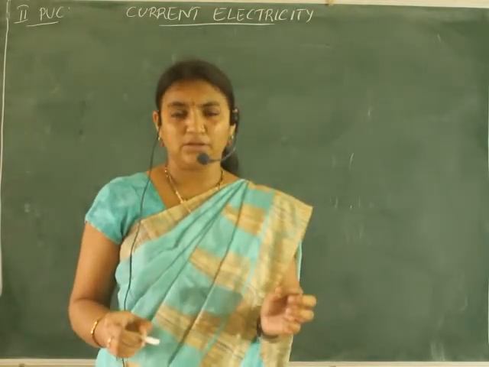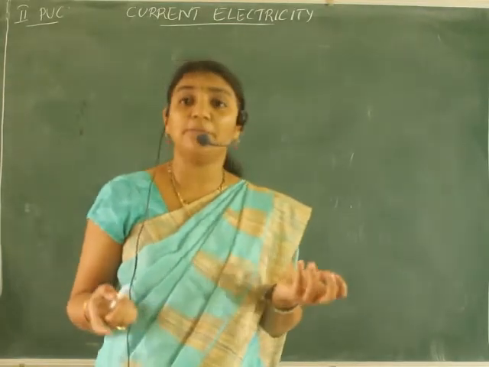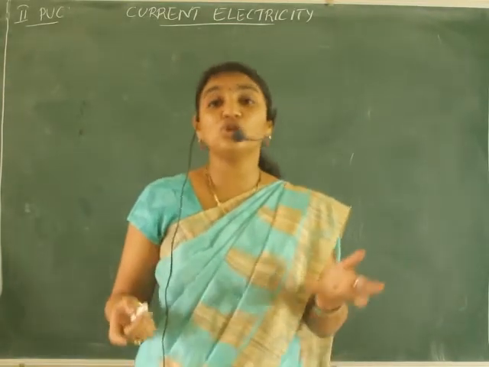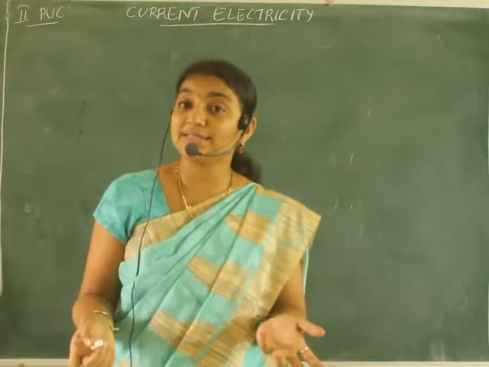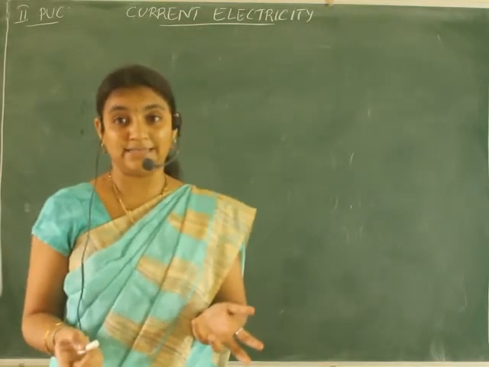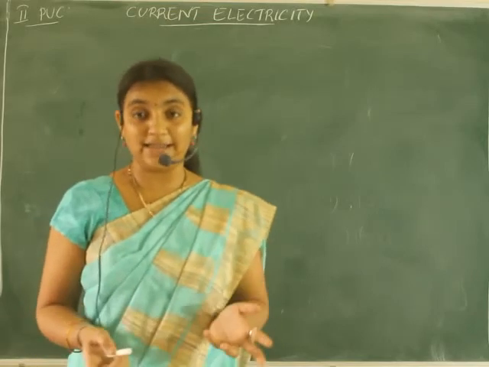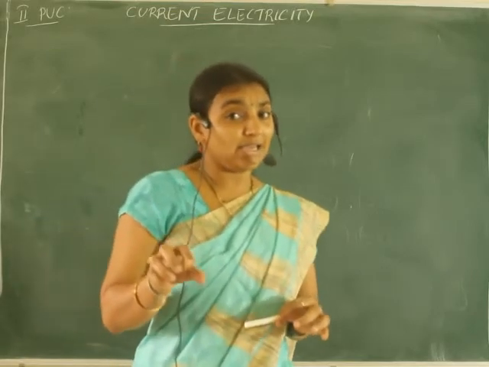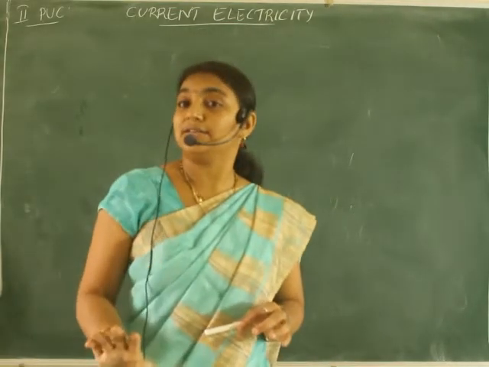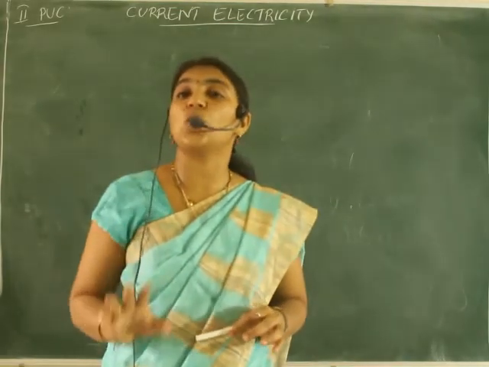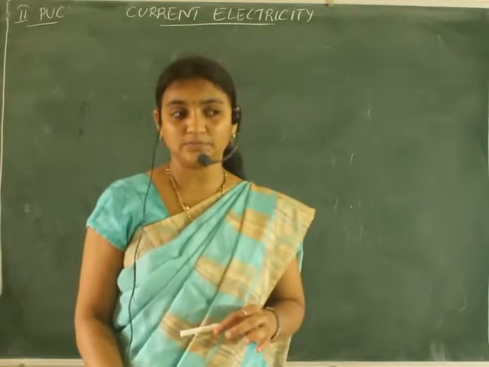Those who are good in studies may not be good in dancing. Those who are good in studies may not be good in singing. Or those who are good in singing may not be good in dancing. Correct? In the same way, just like you have your own resistance, all the conductors have their own resistance.